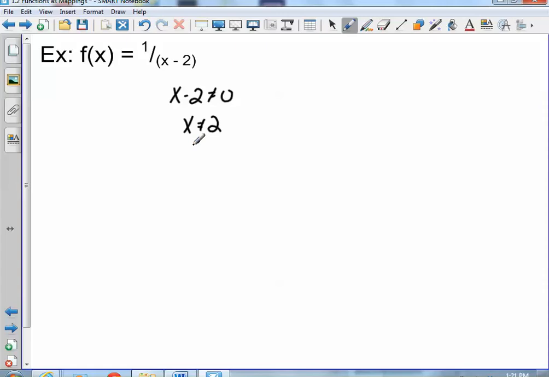So I am going to say my domain is the set of all x values such that x is not 2. And that's it.